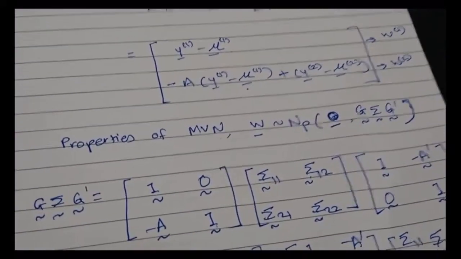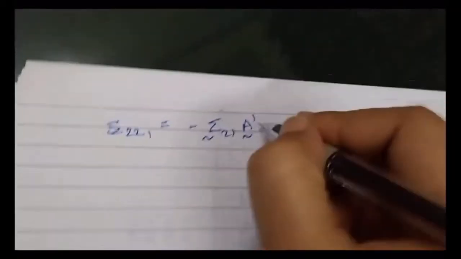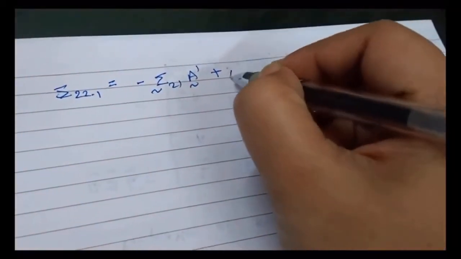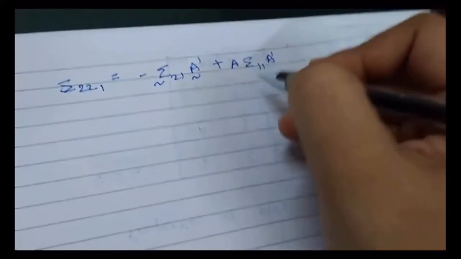Then the next part is minus A sigma 11 A prime. So minus minus will become plus. So plus A sigma 11 A prime.